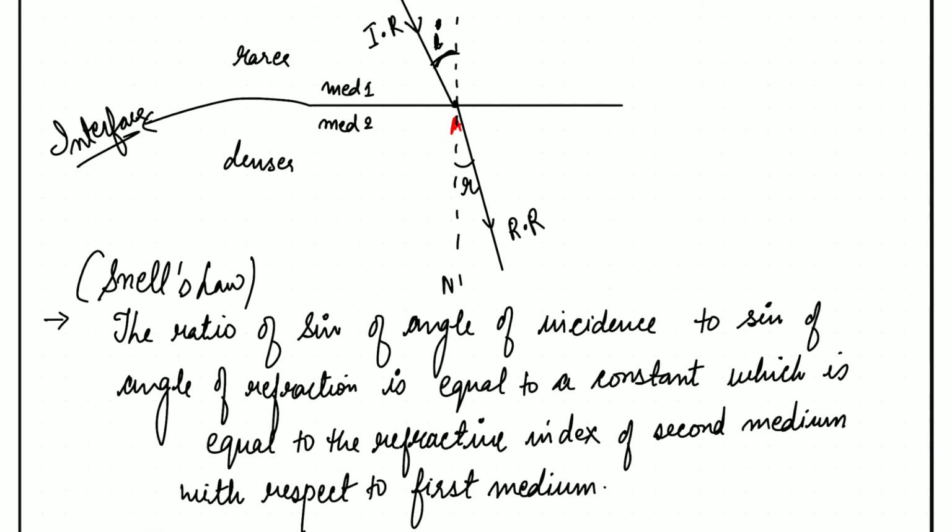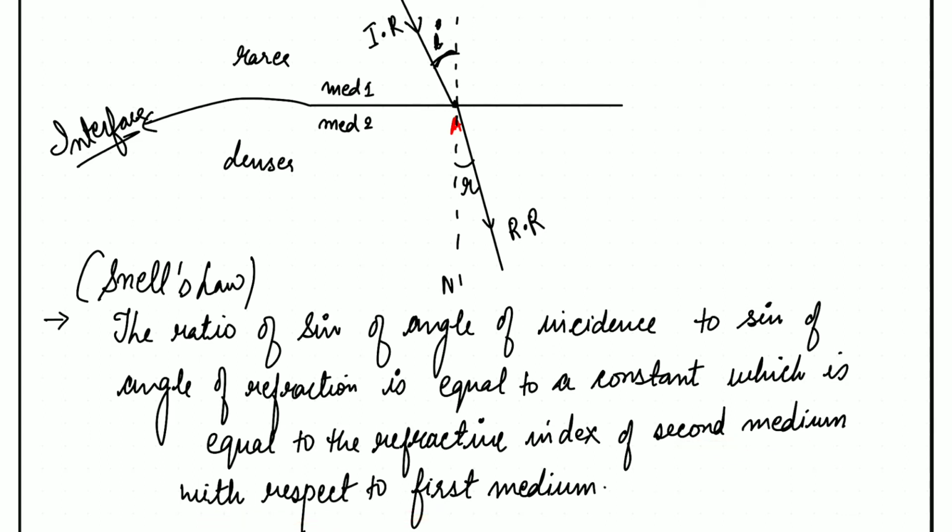The first law says that the ratio of sine of angle of incidence to the sine of angle of refraction is equal to a constant, which is equal to the refractive index of the second medium with respect to the first medium.